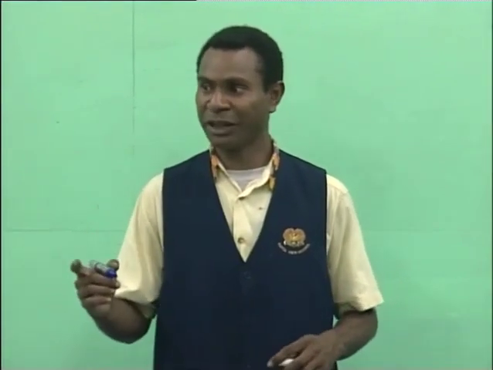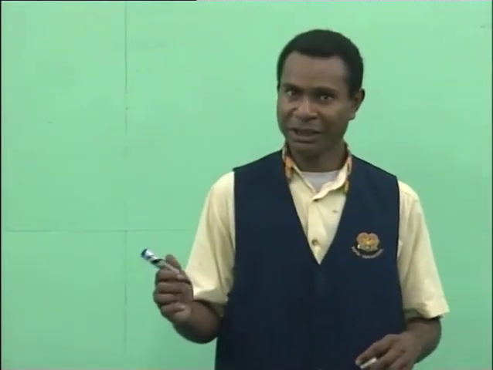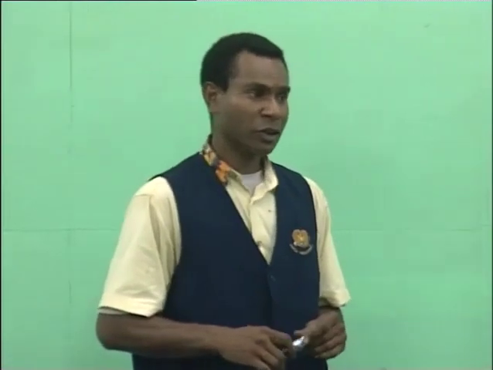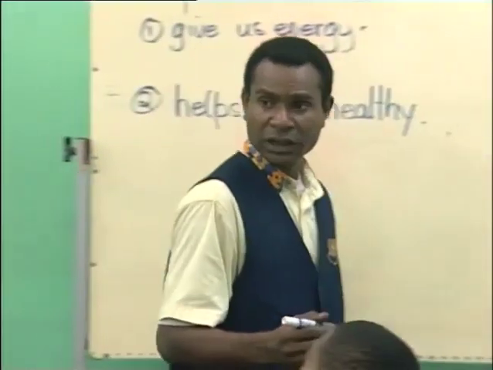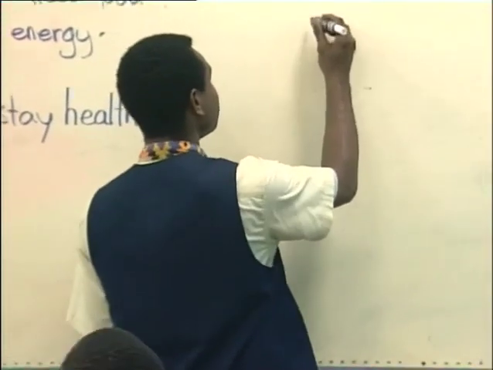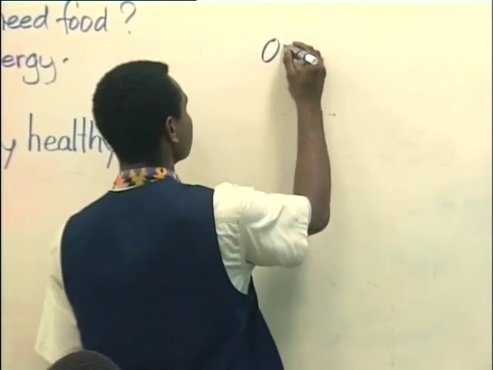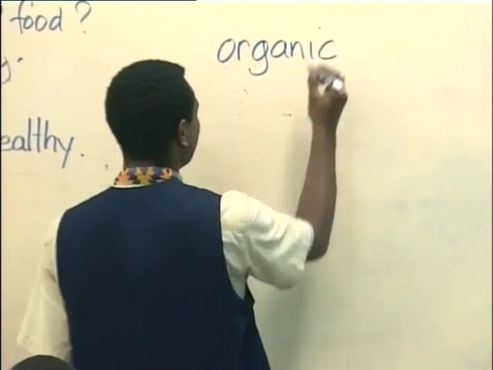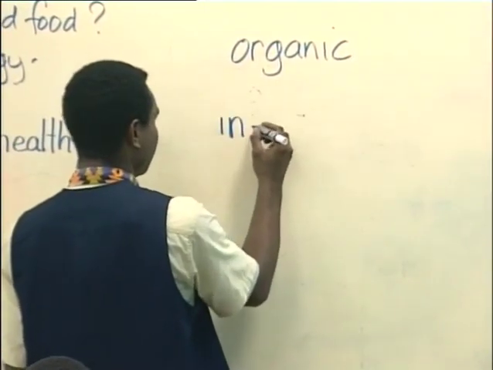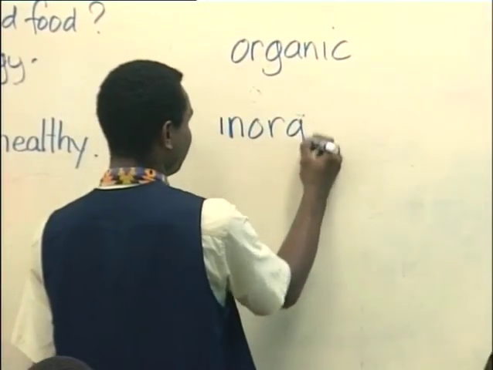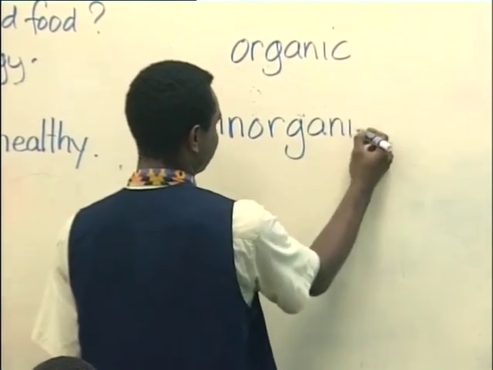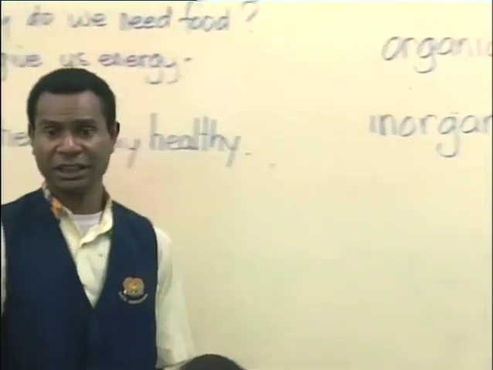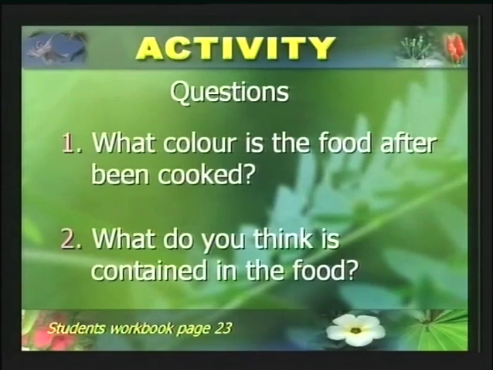So the food that we take in contains two kinds of substances. One is organic and the other is inorganic.